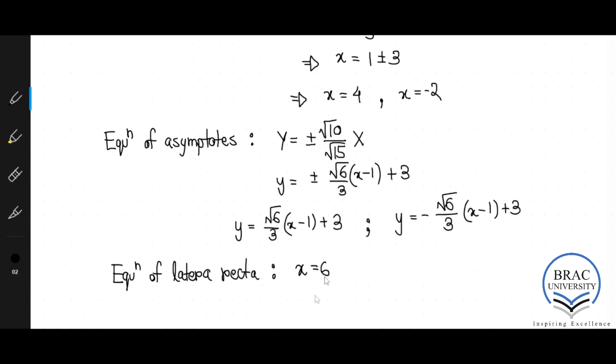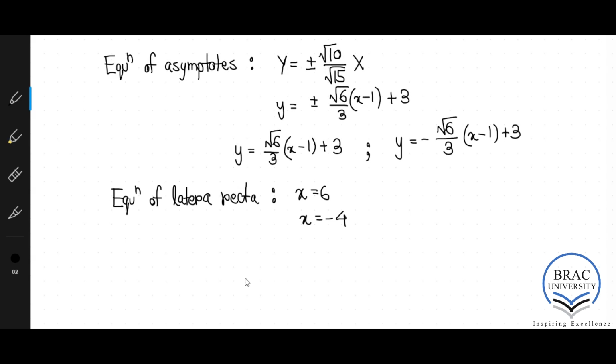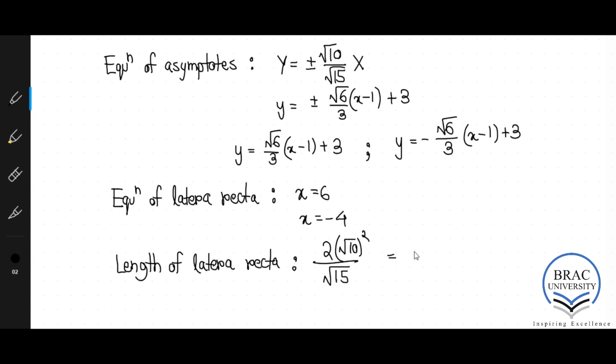So we can just have x is equal to 6 and x is equal to negative 4. And each of these will have the length 2b squared over a, which is 2 times square root of 10 squared, over square root of 15, which is 4 square root 15 over 3.